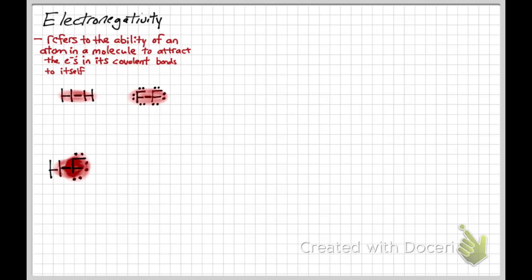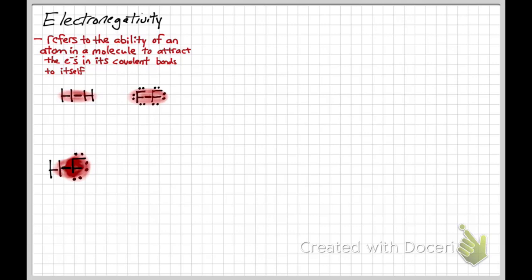The reason for this is that the fluorine has a stronger ability to attract those electrons to itself in covalent bonds, stronger than hydrogen. And so fluorine essentially does not share equally. It pulls the electron density from the bond closer to itself, and this results in an uneven charge distribution.